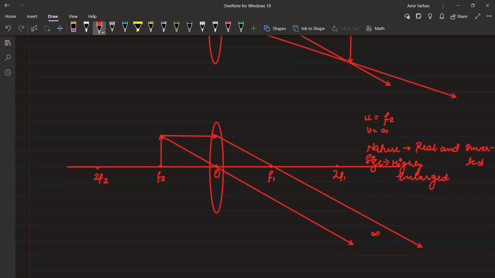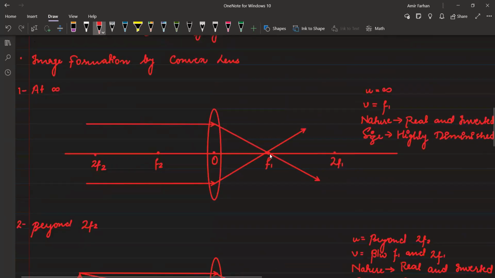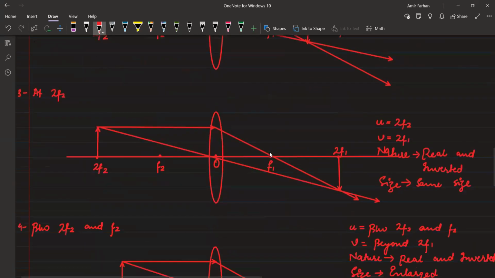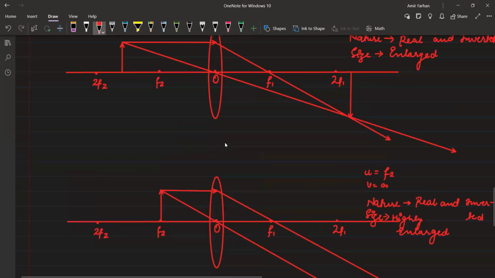That's why we can easily see celestial objects, because a bigger image is formed of those very small objects. When the object is at infinity, the image formed will be highly diminished, because the rays will converge at the focus, so there is no height of the image. Right now, your image is forming at infinity, so the image will be highly enlarged. Clear? Yes, sir. Any doubt to any of you?